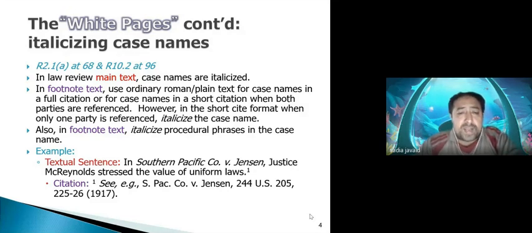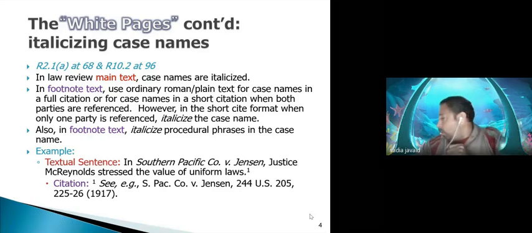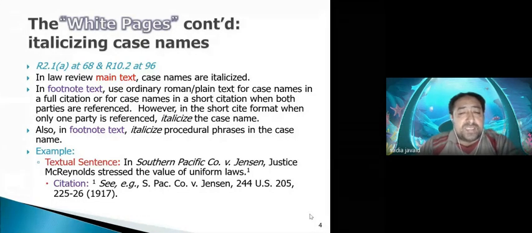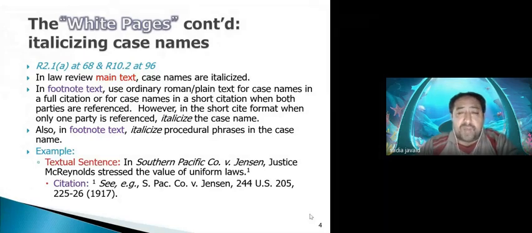Also, in footnote text, italicize procedural phrases in the case name. So here you can see that whatever the footnote is, it again has a specific italicized procedural phrase. Through that it can clearly be identified that it is a footnote. It has a specific font and so on.